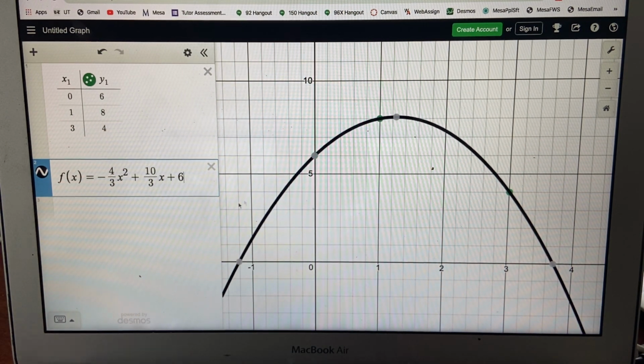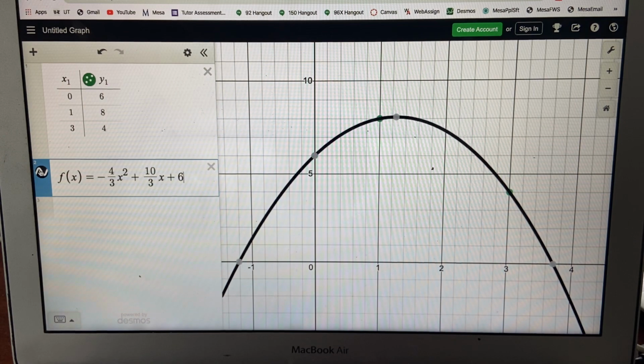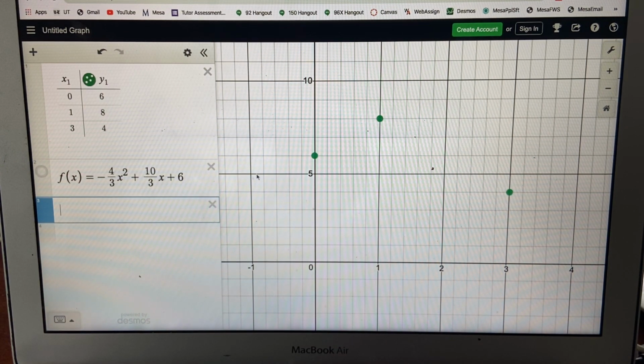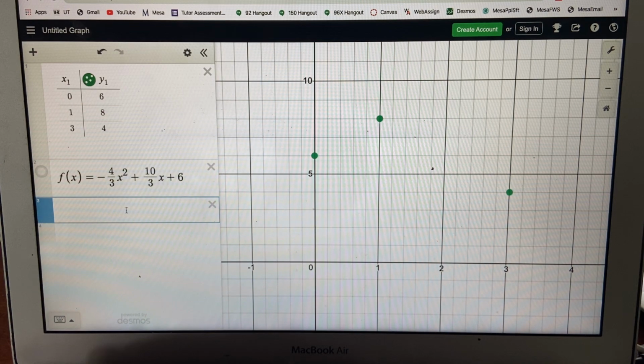So let's turn this off, and let's say we just have the data there, and we just want to find the function with Desmos, not even worrying about doing all the math that I just did on this page. So what you can do is reference this data table.